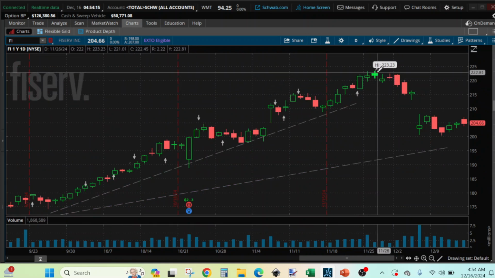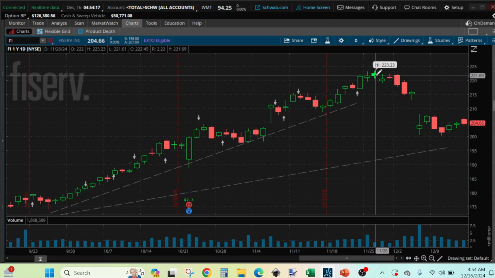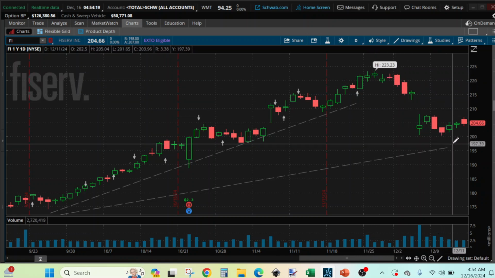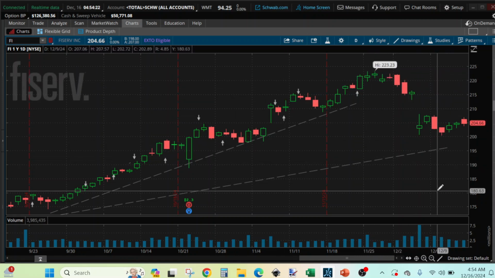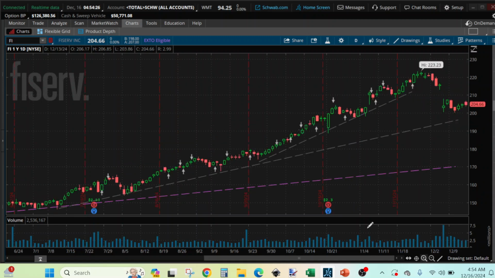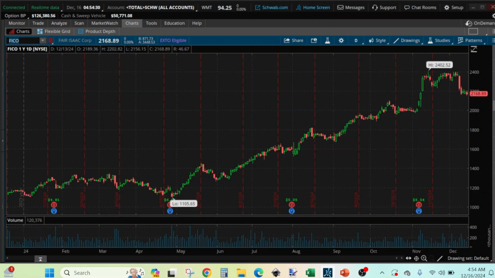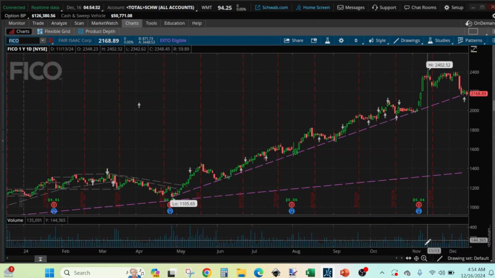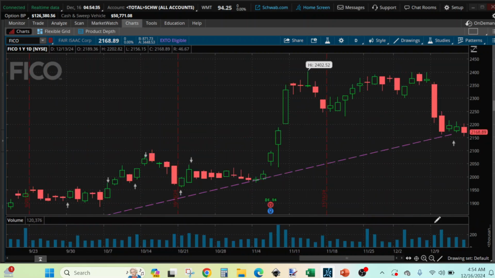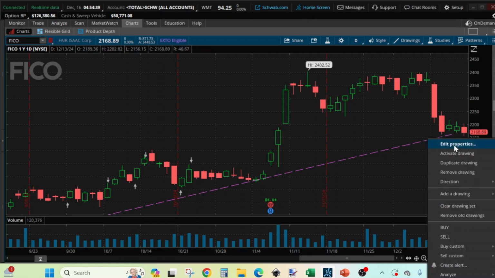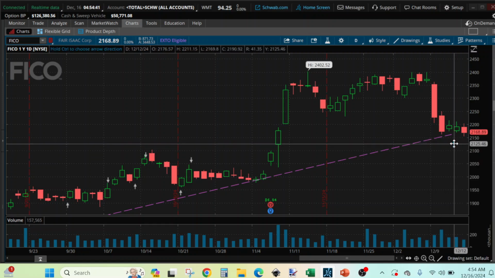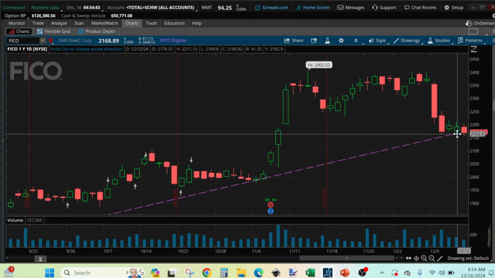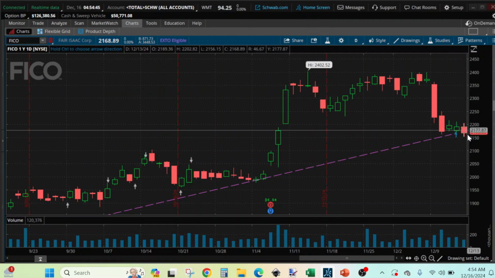We could have sold it, and now it pulled back. FICO, we bought FICO on the long trend line that we are aiming for somewhere. Don't even know where this line is. Let's put it well there, but it pulled back.